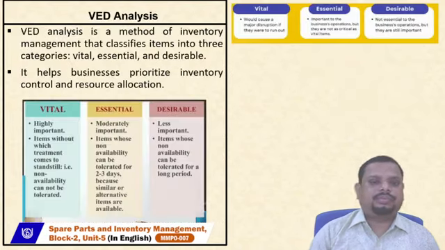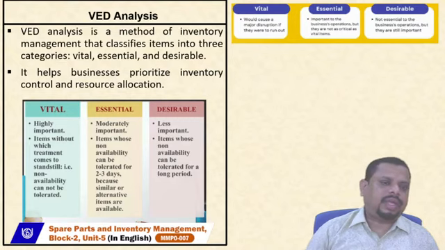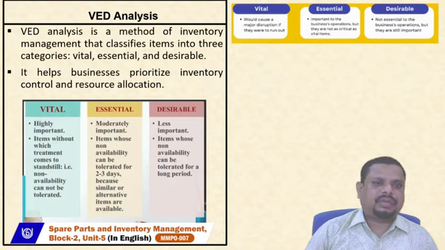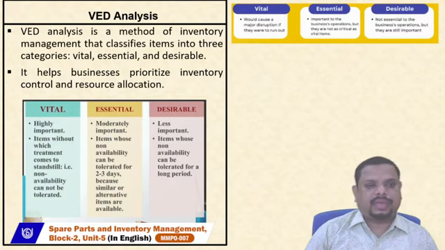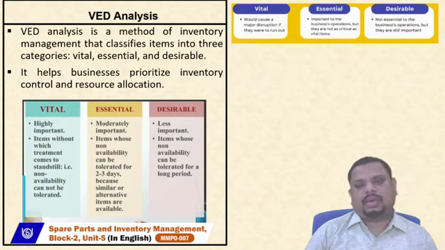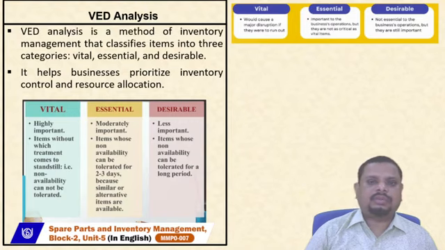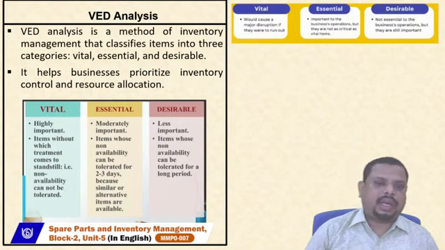Moving to the next one, we have VED analysis. V stands for vital, E stands for essential, D stands for desirable items. Let's understand what the vital, essential and desirable items are. Vital items have high importance: items without which treatment comes to a standstill, and non-availability cannot be tolerated.